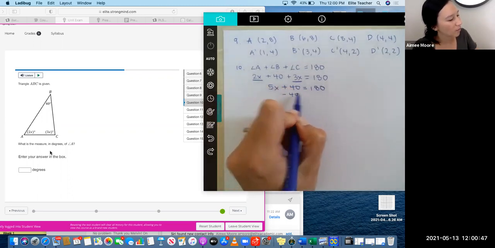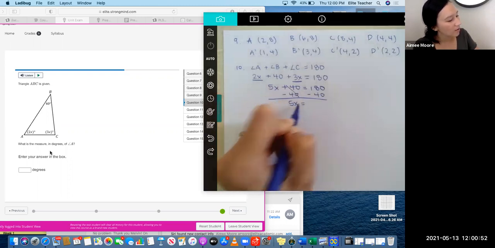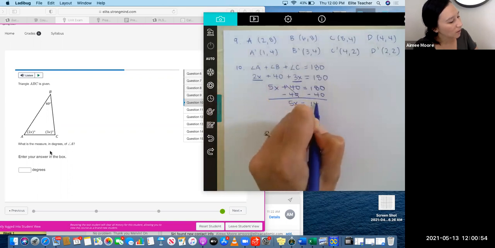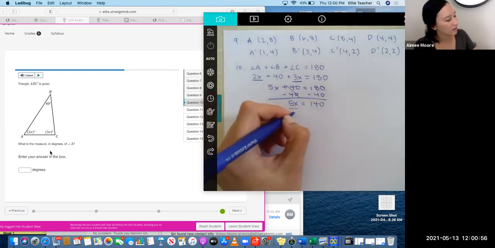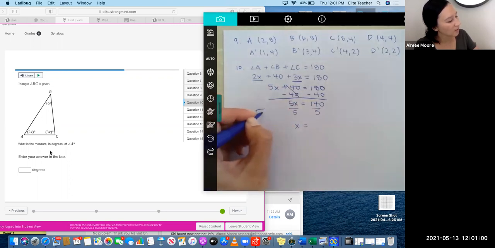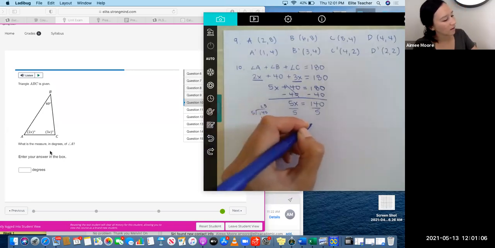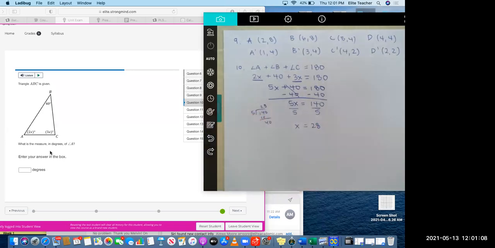So we subtract 40 from both sides. 5x equals 140. We divide by 5, and x equals, I'm not sure what 140 divided by 5 is. It's 28, yeah. Looks like 28. Thank you.